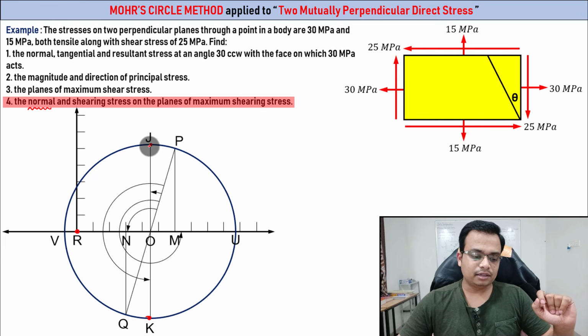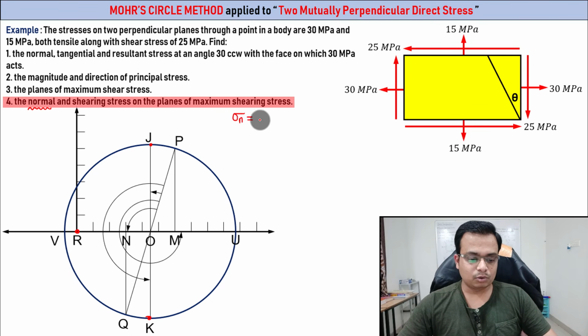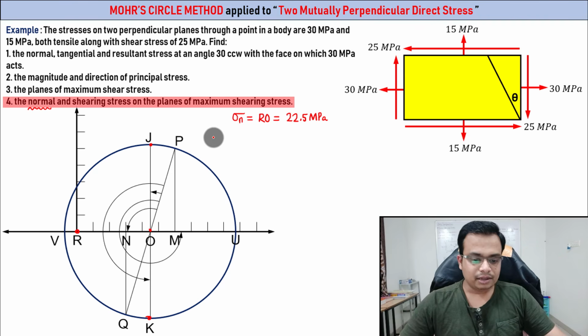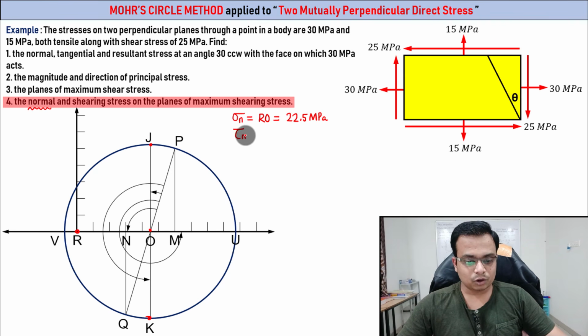So if you want to find the value of normal stress across this plane OJ, sigma n obviously is going to be equal to what? RO. And this RO will work out as 22.5 megapascal. You can even count this: 5, 10, 15, 20, and 25 in between them. Secondly, you want the maximum value of shear stress.